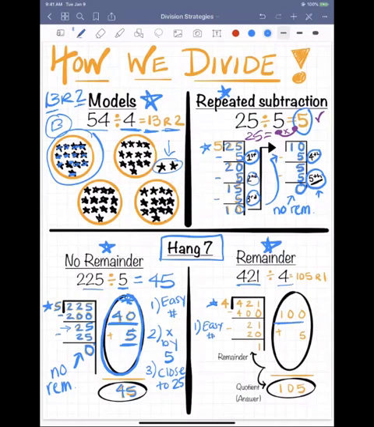What is an easy number that I could multiply by 4, because 4 is the smaller number in this problem, that gets me close to 421? Okay, this one was pretty easy for me because I was like, oh, 100, that's the perfect easy number.